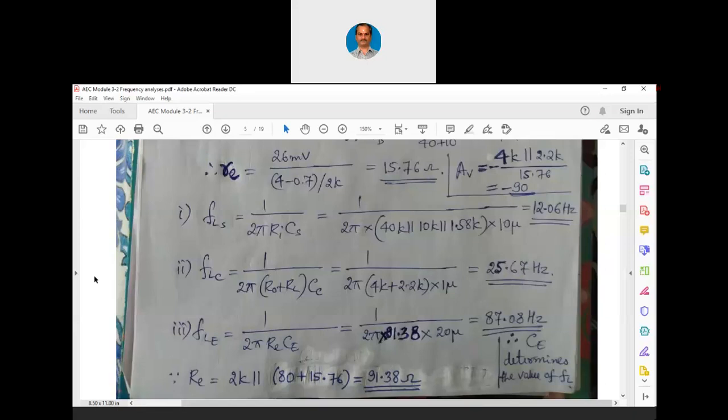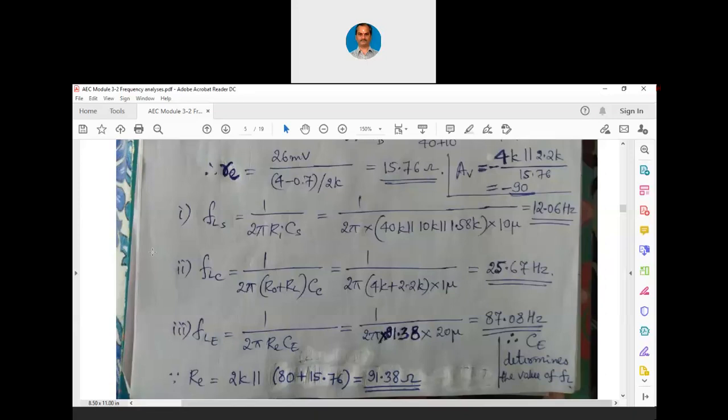Now if you don't want it to be dominant, you will have to rework with all the values of these capacitors. You can easily, immediately you can find out. Instead of 20 microfarad, if it is made as 1000 microfarad, what will happen now? Automatically this value will come down. When it is coming down, the emitter capacitance is no more going to remain dominant.